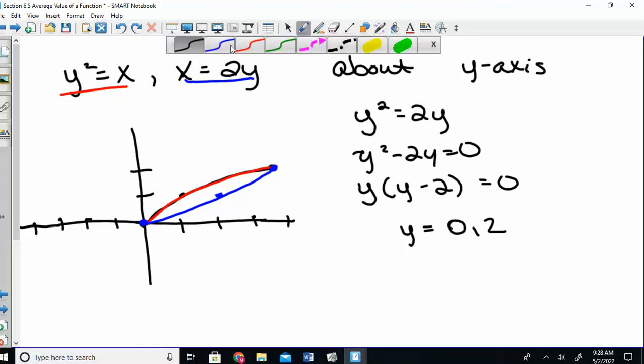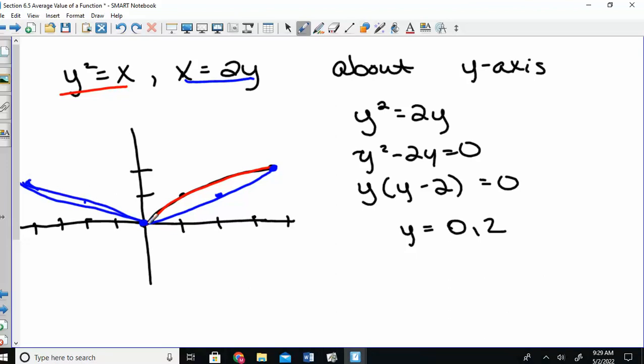So start by just reflecting it. I can't draw a straight line apparently. So then we are just rotating that.